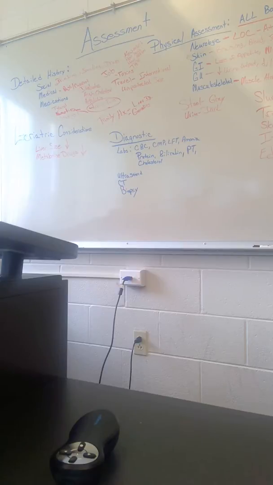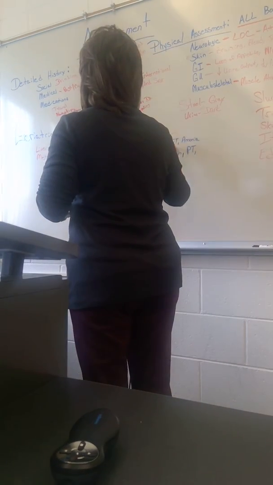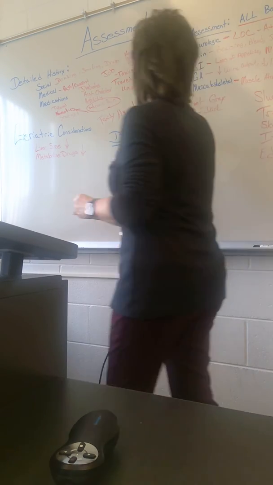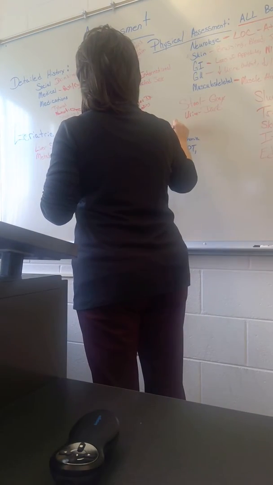Okay, let's talk about labs and diagnostics. So I've written up here some of the things that we will look for, but specifically on the LFTs, what do we need to be looking at? Your ALT and AST. Okay, so ALT and AST.